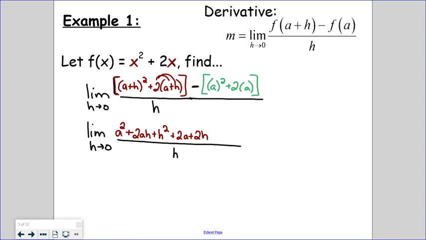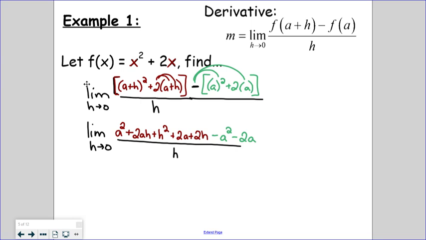And then this is where you've got to be careful with your algebra. On the next one, it is subtracting this. So I'm going to have to distribute that negative through. And I would get minus a squared minus 2a. Still good?